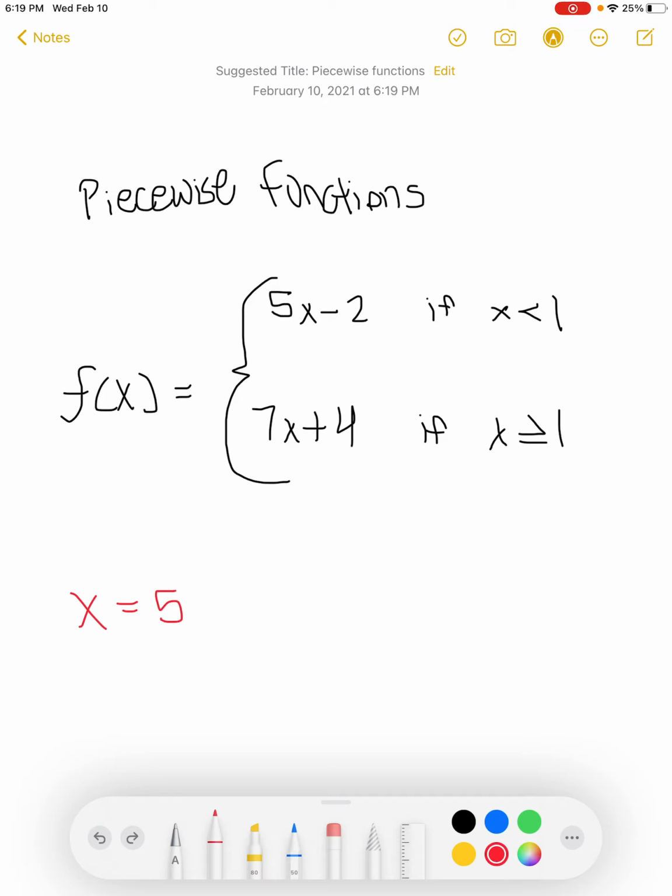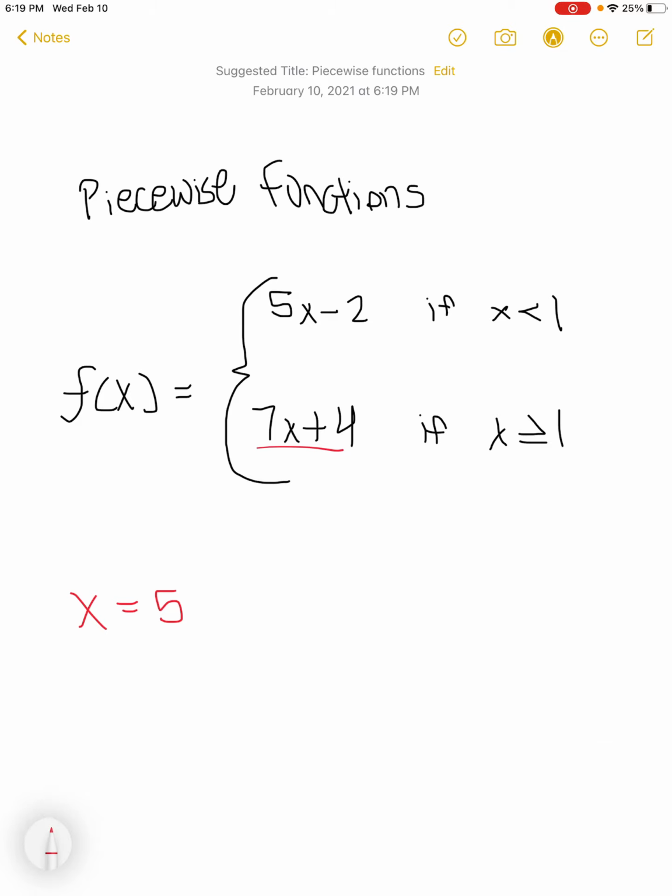So, if x is less than 1, use this equation to solve for f(x) or y. But is 5 less than 1? No. So we're not using that one. If x is greater than or equal to 1, then use this equation. Is it greater than or equal to?